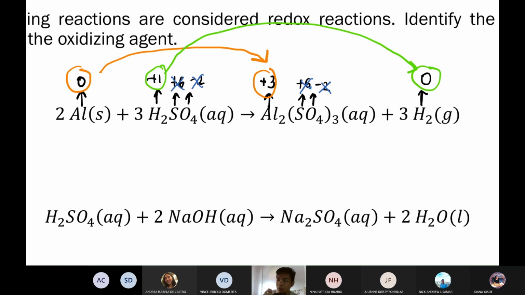Question, sino yung reduction reaction? The orange or yung green? Reduction reaction. Is it the orange or the green? Okay. Sino doon? Reduction. Comment yung answer nyo.